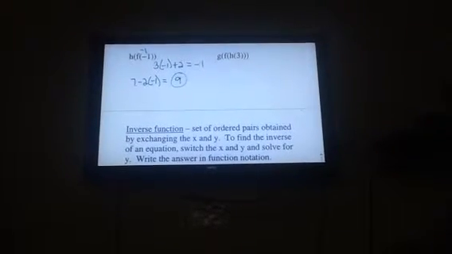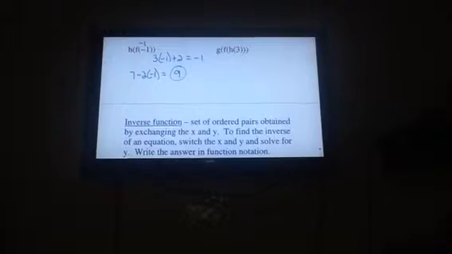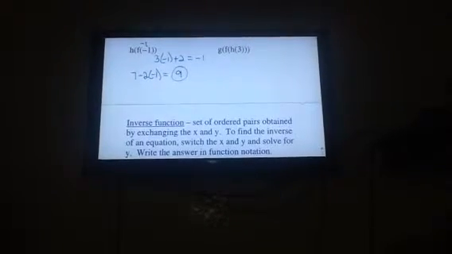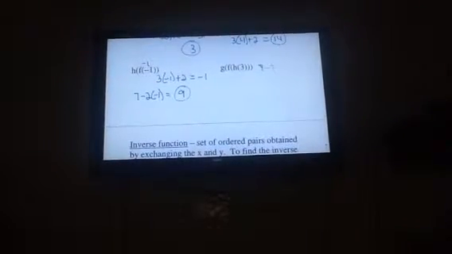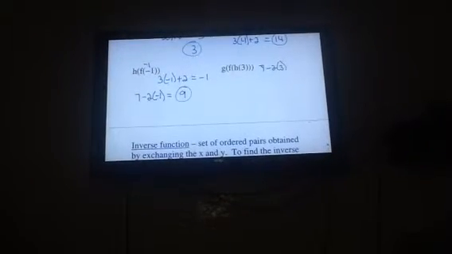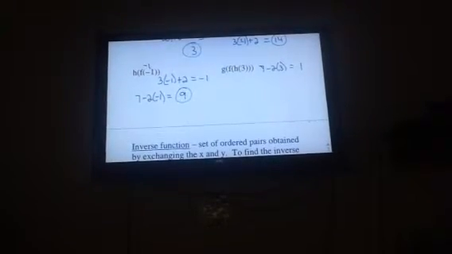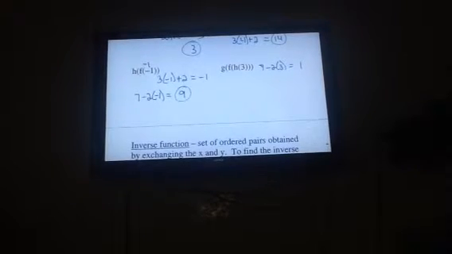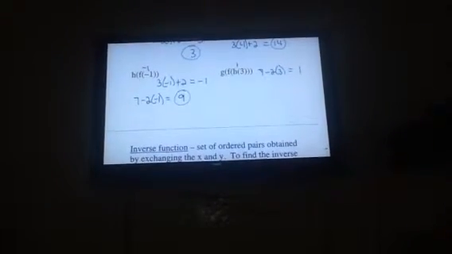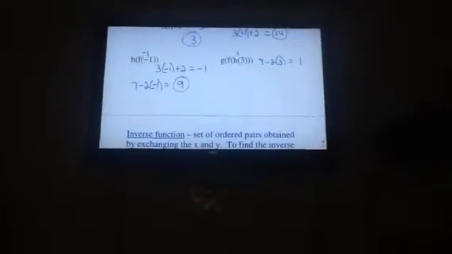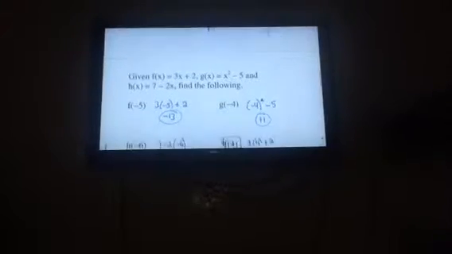And then my last composite one has 3 parts to it. Work from the inside out. h of 3 comes first. So h of 3, 7 minus 2 times x. So 7 minus 2 times 3 equals 1. Work out now, so I'll find f of 1. 3x plus 2.